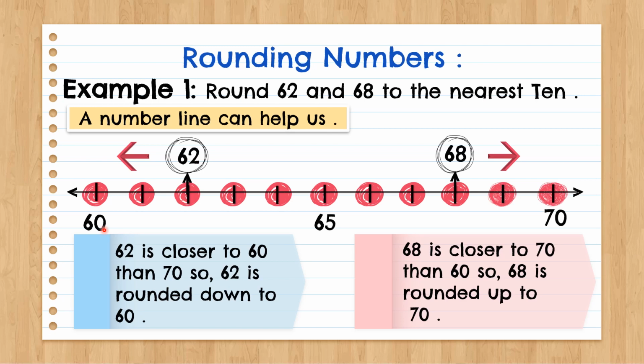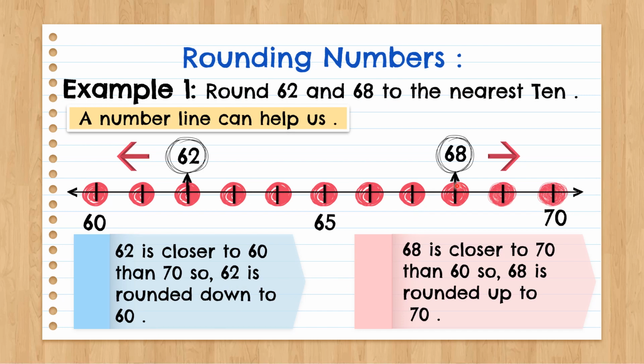So when we round off 62, it will be rounded down to 60 because 60 is near to 62. So 62 is closer to 60 than 70. So 62 is rounded down to 60. Now 68.